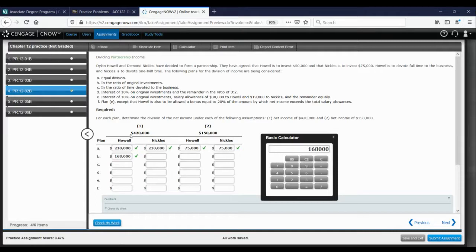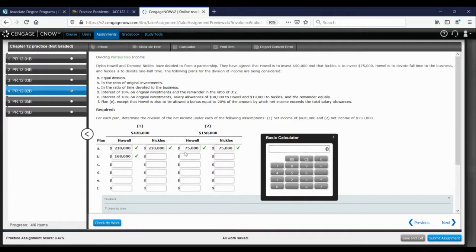Again, that was 420,000 times 40%. We got 40% by taking 50,000 and dividing it by the total partnership investment, which was 125,000. So if Howell gets 40%, then Nichols is going to get 60%.